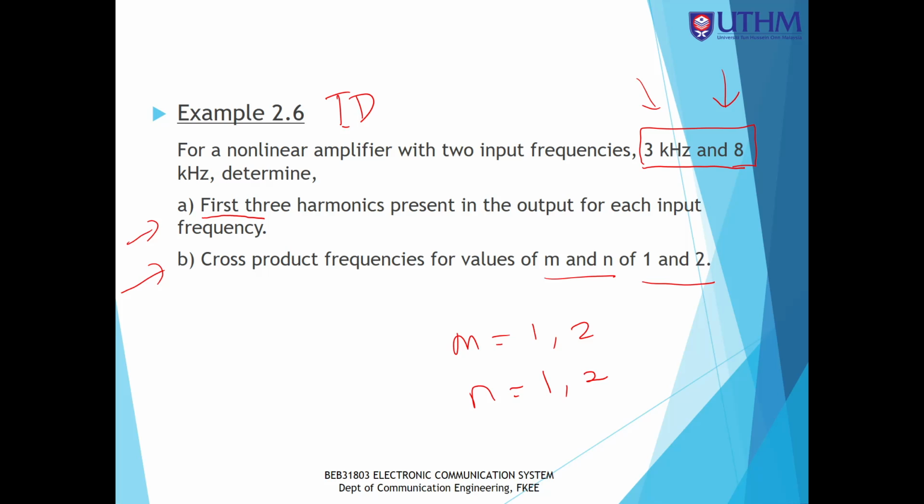So that means dalam case ini you boleh buat M sama dengan 1, N boleh berubah daripada 1 dan juga N sama dengan 2. M sama dengan 2, N sama dengan 1 dan juga sama dengan 2. So you akan ada 4 combinations. You're gonna get 4 combinations dalam case ini.